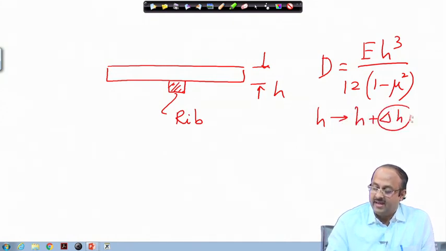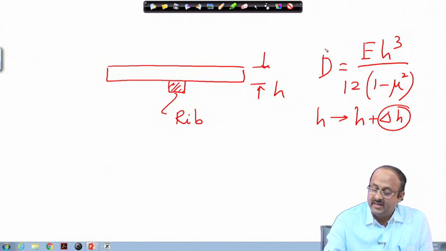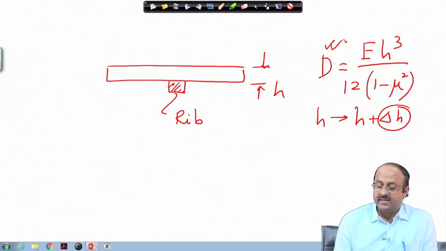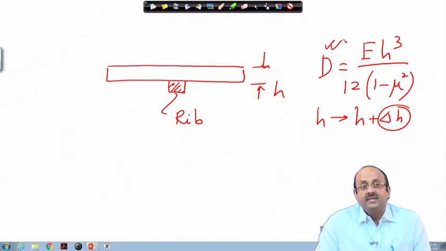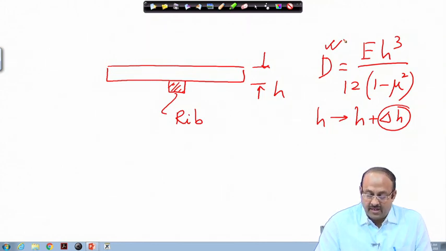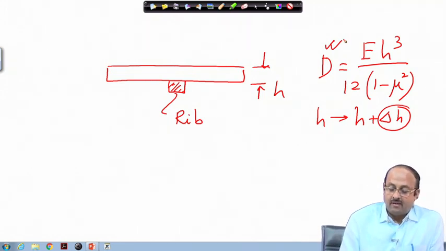So, D is actually increased. These are the structural modifications we can use to increase omega n and decrease the level of vibration.